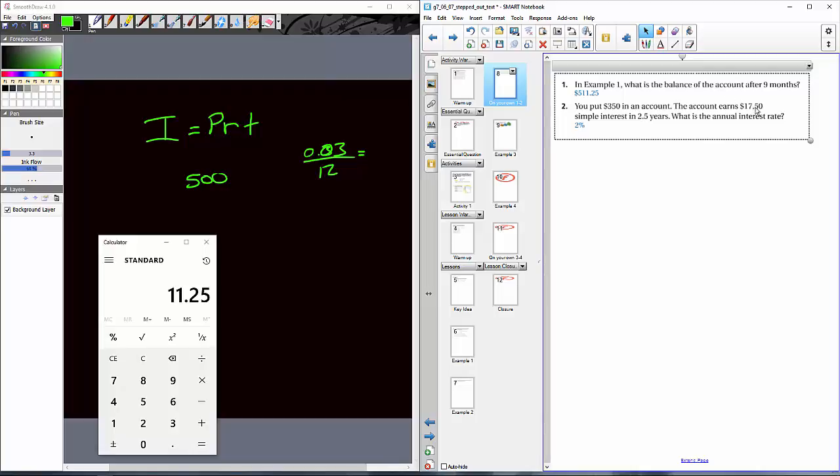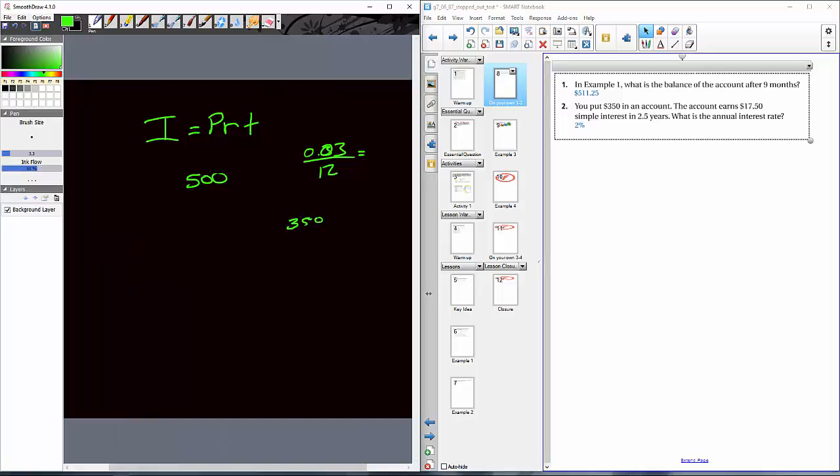This one here says an account earns $17.50 in simple interest in 2.5 years. What is the interest rate? Well, let's try it. I haven't done this one. So if I put $350 into an account, the account earns $17.50 in interest. I have my R, and I have my time, which is 2.5.